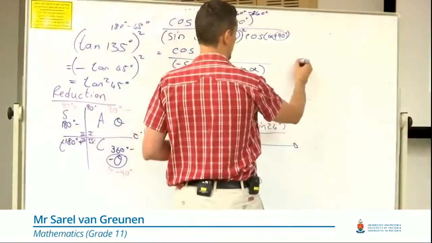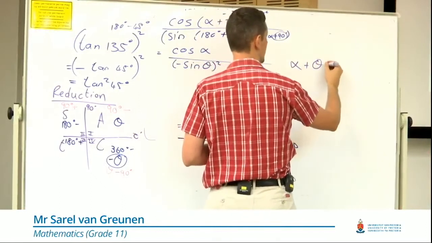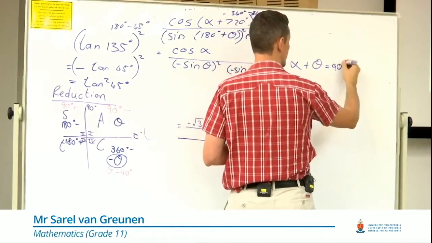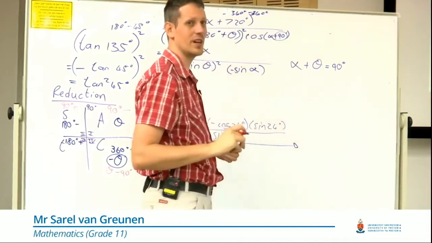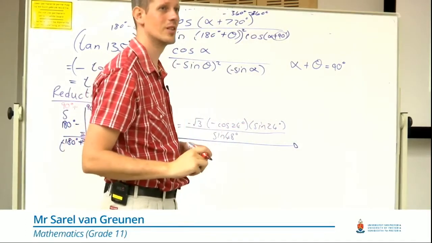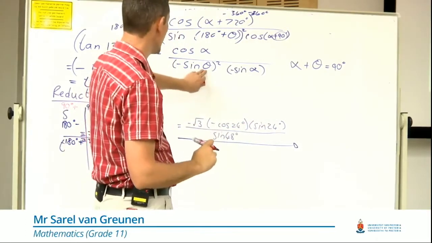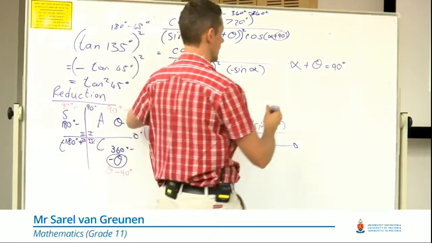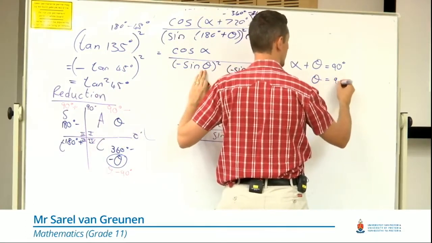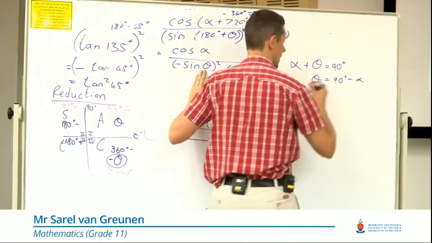But I know that alpha plus theta is 90 degrees. So I'm looking at co-functions. So I can change my theta to an alpha by saying theta is 90 degrees minus alpha.